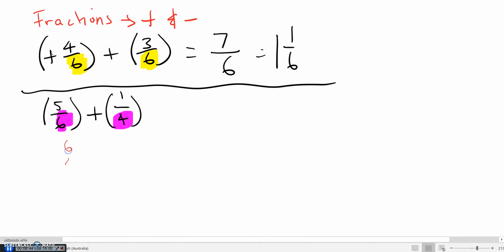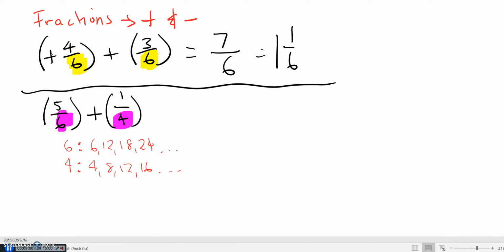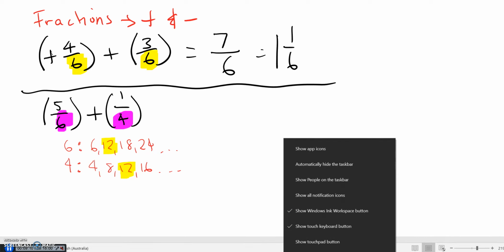So 6 and 4, multiples of 6: 6, 12, 18, 24, keep going. 4s: 4, 8, 12, 16, keep going. The lowest common multiple is obviously 12. So how do we get from 6 to 12? How do we get from 4 to 12?